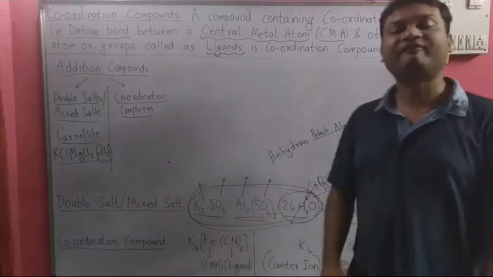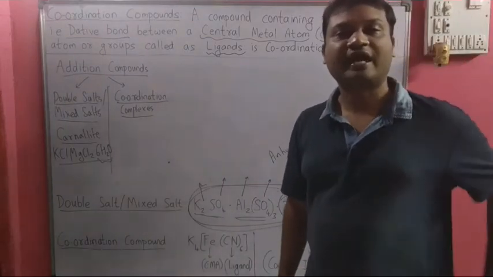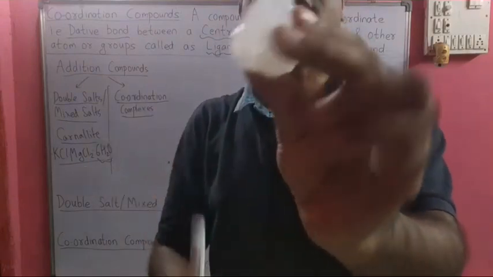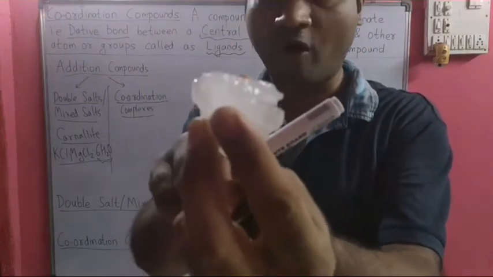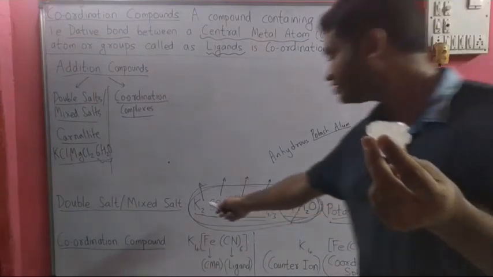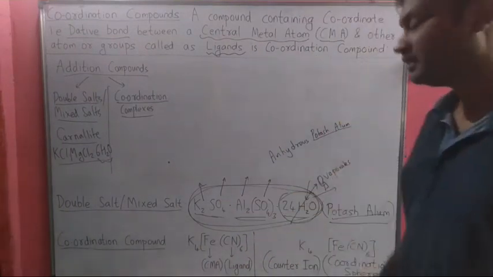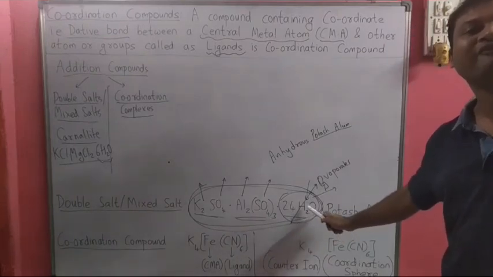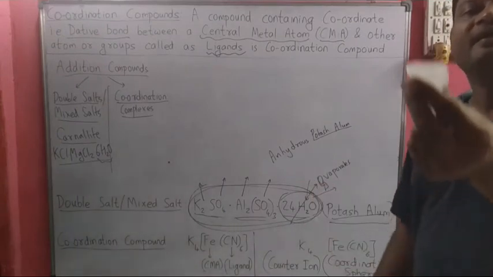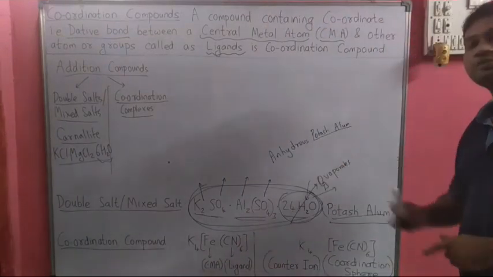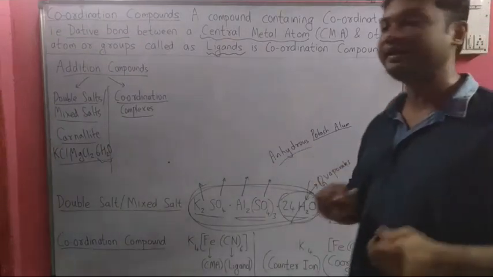For example, this potash alum is in crystal form because there is water of crystallization. In each mole of potash alum, there are 24 moles of H2O. But when we heat it, we will get anhydrous potash alum.